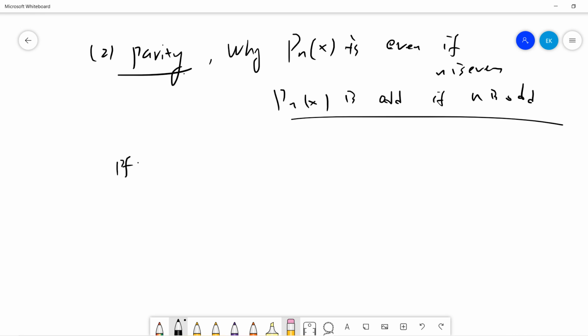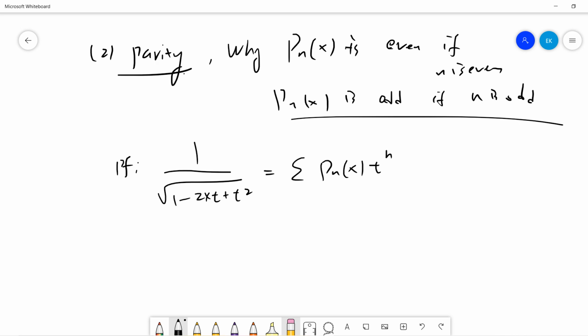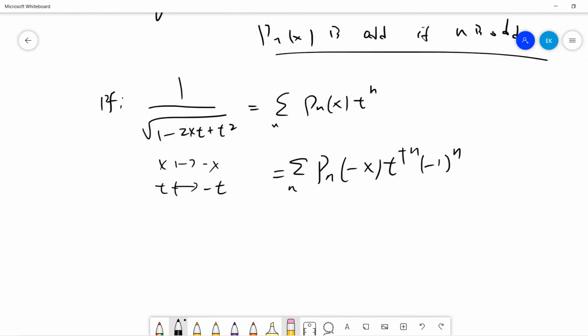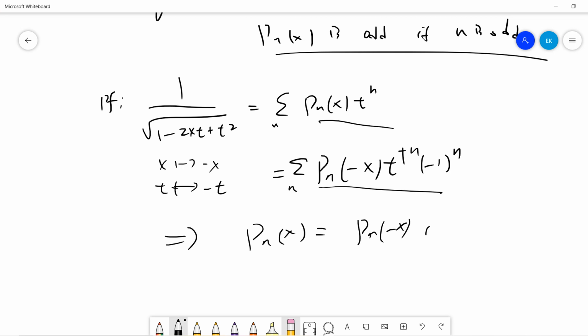The proof is also very simple, because we know the generating function. If we replace x with -x and t with -t, the left hand side is the same. So we just compare the left and right hand sides, and we get P_n(x) equals P_n(-x) times (-1) to the power n. Done.